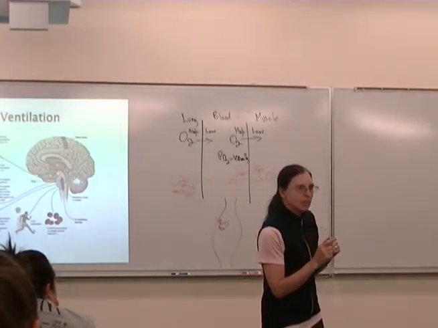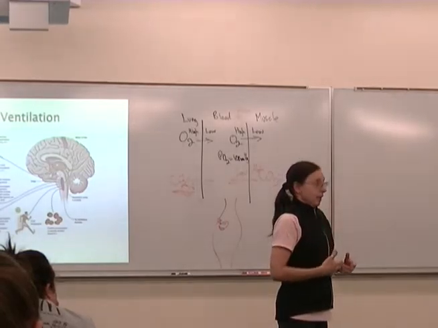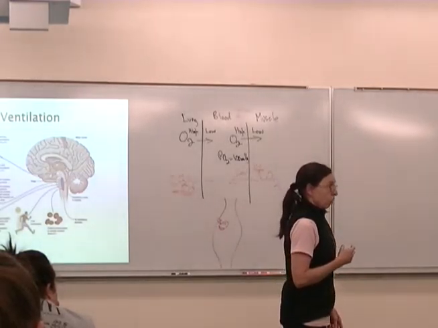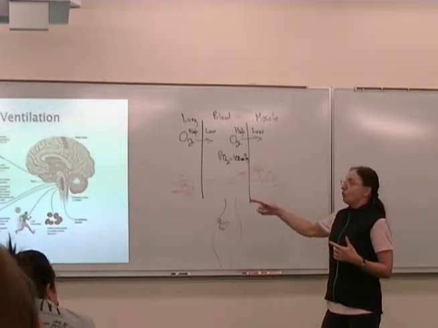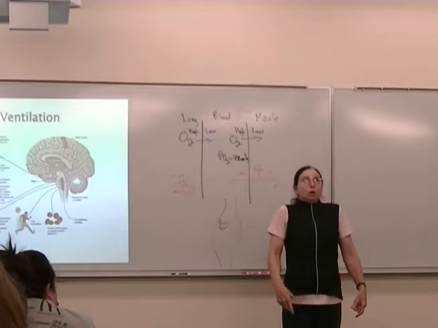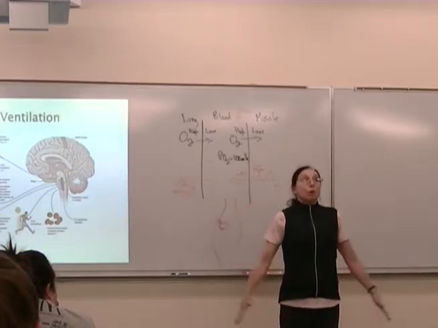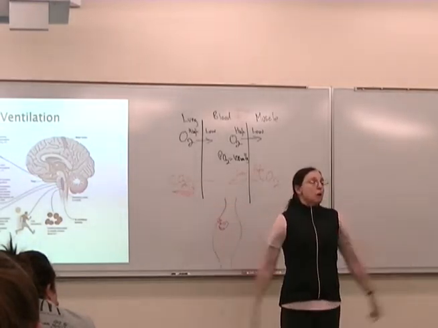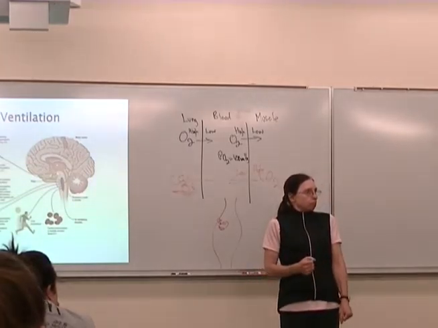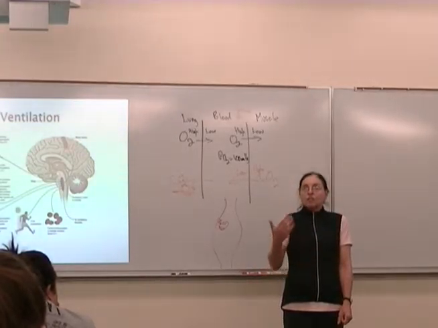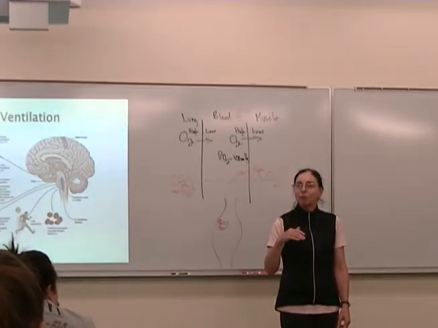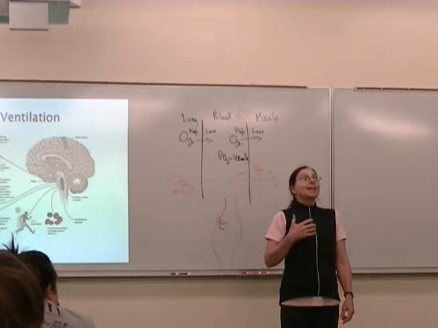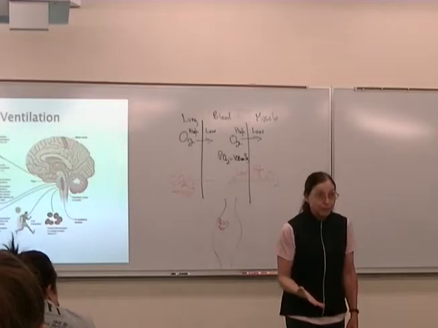Because when we hyperventilate, we take in too much oxygen, and we blow off lots of carbon dioxide. Some people hyperventilate when they're nervous, because we always tell people, breathe deeply, right? So we breathe deeply, except then we tend to blow out deeply as well.